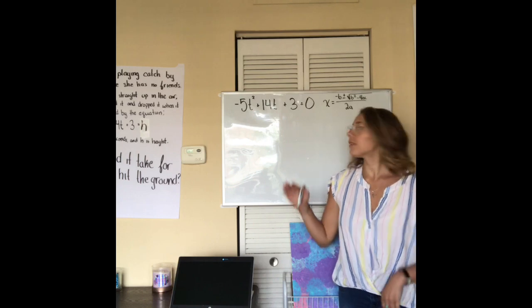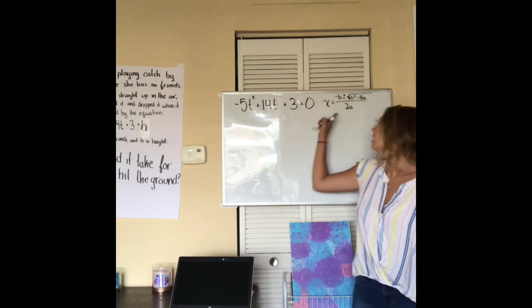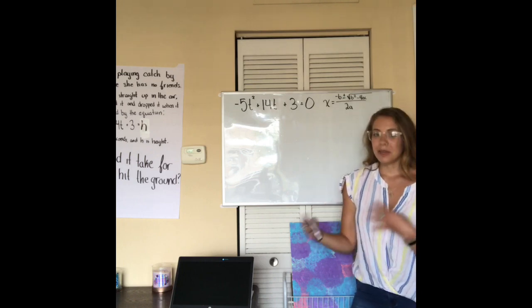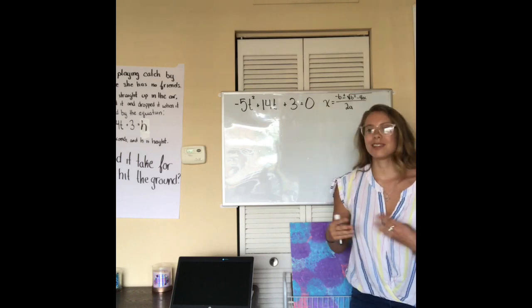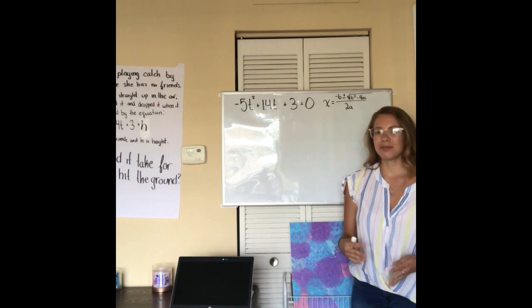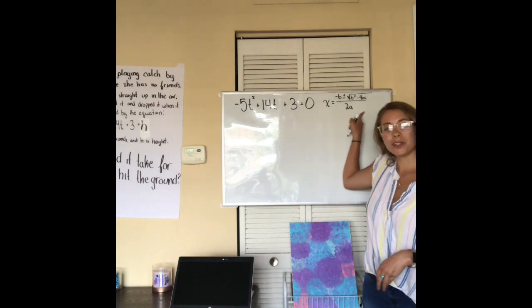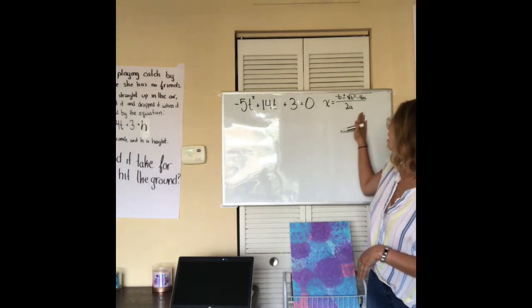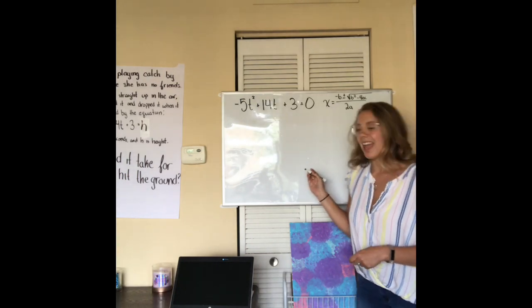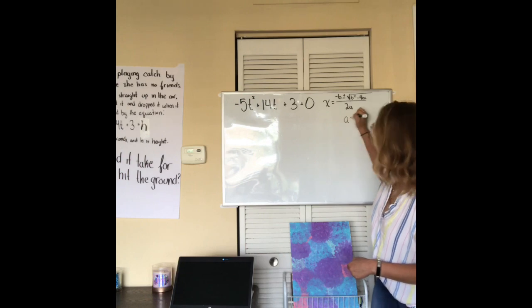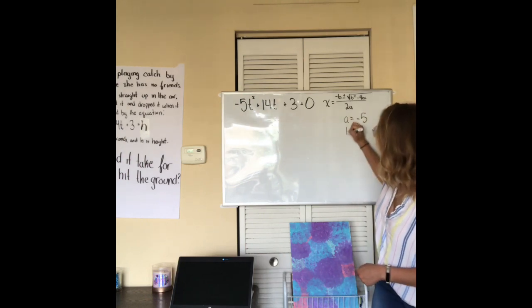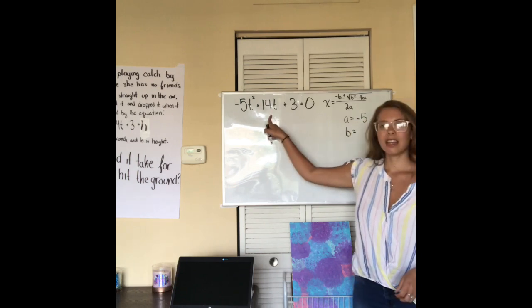So now we're going to solve this problem using the quadratic equation. I wrote it up here. I'm also going to sing the song to you. X equals negative b plus or minus the square root of b squared minus 4ac all over 2a. And now what I'm going to do is plug these values into my equation. My a value is negative 5. My b value is 14.